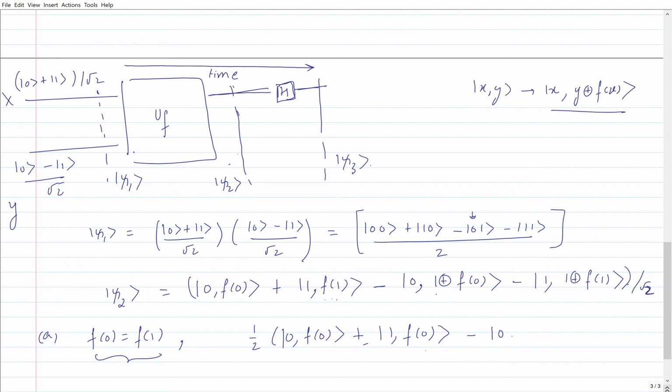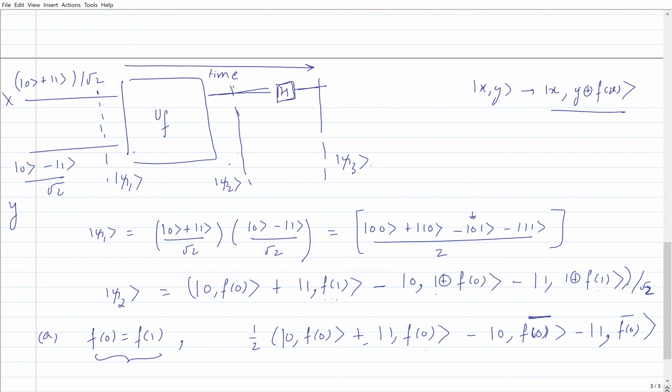Binary addition with 1 flips it. So I can just write it as the complement of f0, and I'll have again the complement of f0. When f1 is f0, doesn't matter if I'm taking the complement of one or the other. So this is my expression.